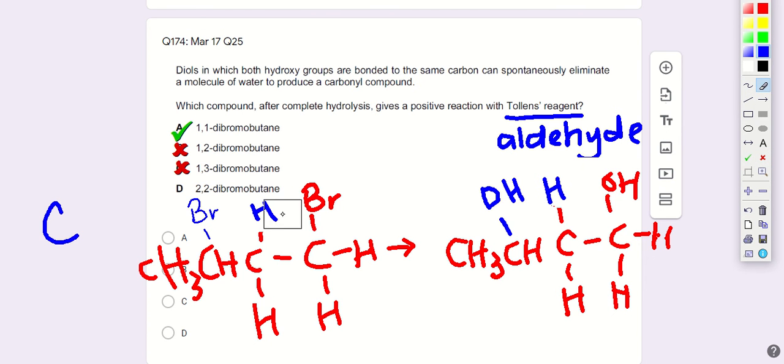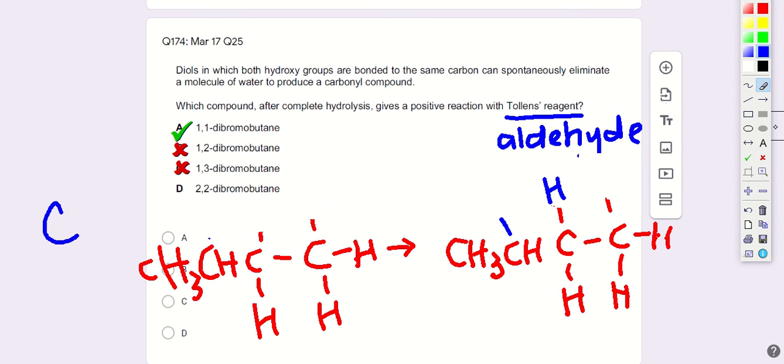Okay, the last one, I have 2,2-dibromobutane. Okay, 2,2-dibromobutane. This is carbon number 2. So here H. Now the carbon number 2 is now bonded to 2 Br. So I erase this H also. Br.